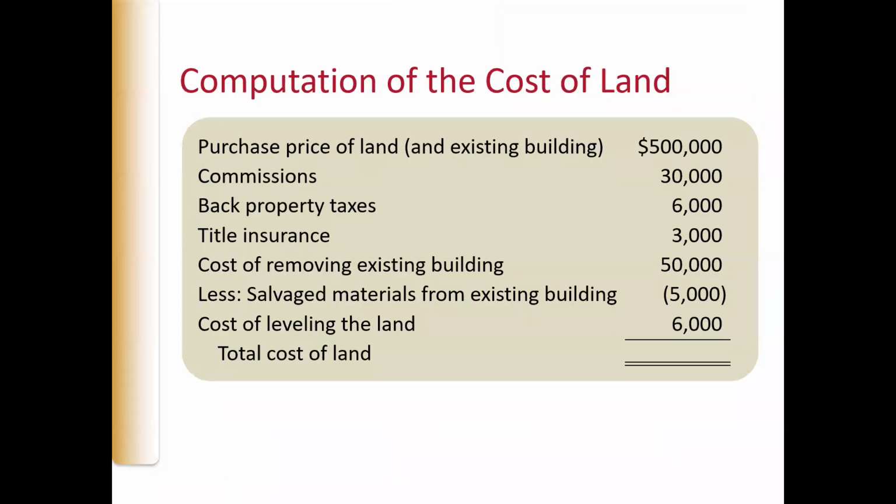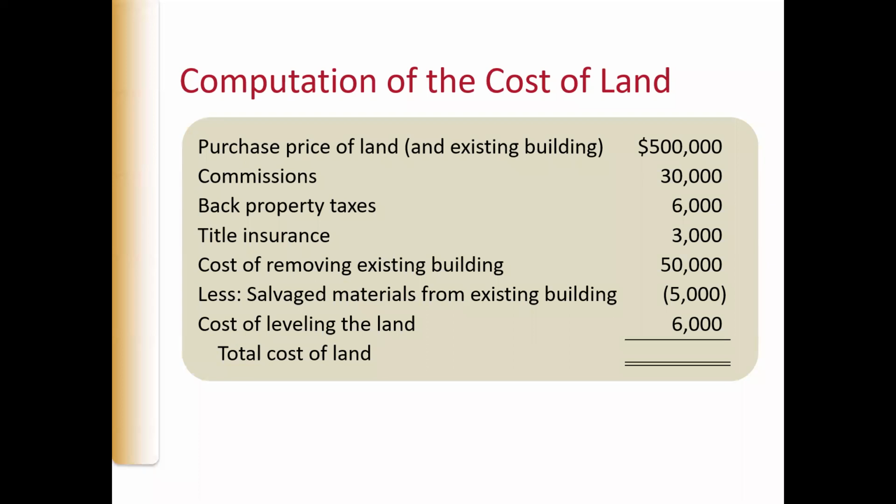So here's an example. You purchase land and then you add to it commissions, back property taxes, title insurance, possibly cost of removing an existing building. And then you would subtract out the monies you received from removing that existing building.